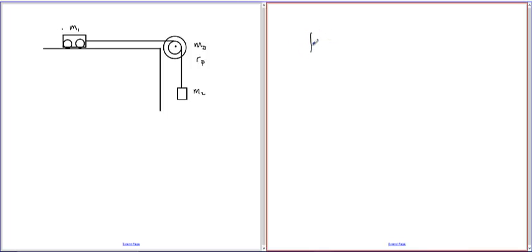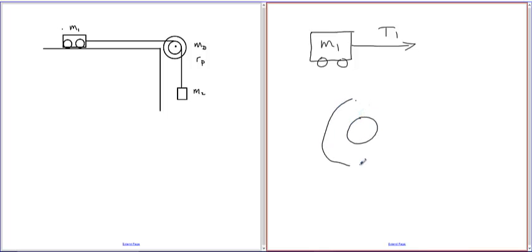So we end up with three free body diagrams. We've got the cart, so we have a tension T1, and M1, and that's it. Then we have the disc, which consists of the pulley and the disc. Now there's two tensions applied to this.